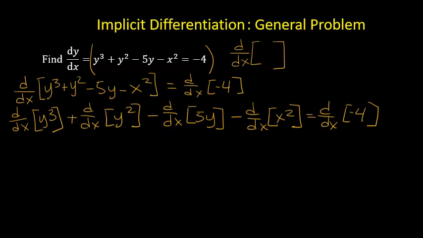Now we need to find the derivative of every single one of these terms. Now here's 2 things you need to ask yourself when you determine which one gets the dy dx and which one does not, right? So you're either going to have d dx or you're going to have dy dx.